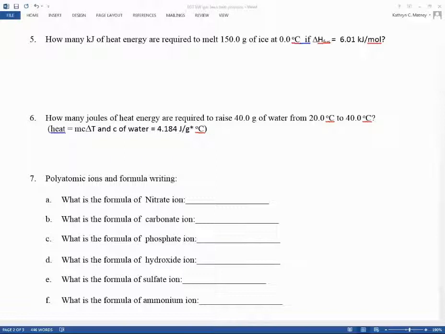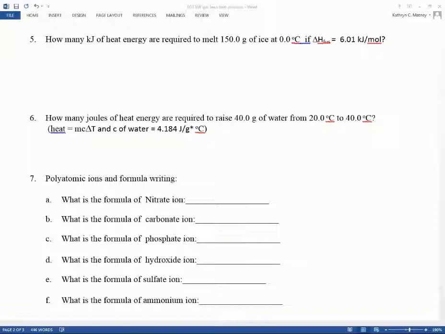What do I get when I multiply 6.01 times 8.333? 50.08 kJs. That's how much heat it requires to melt 150 grams of ice.